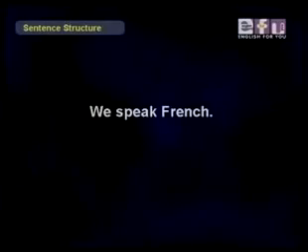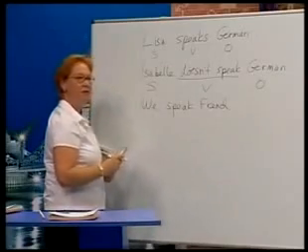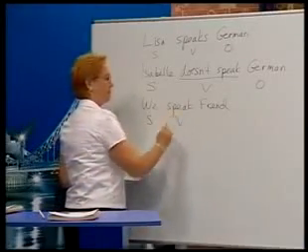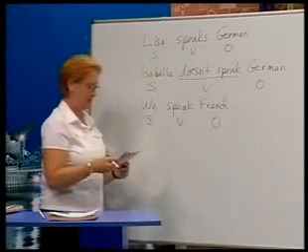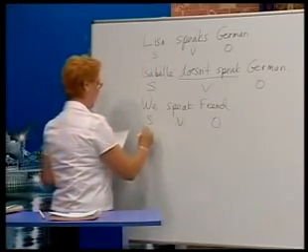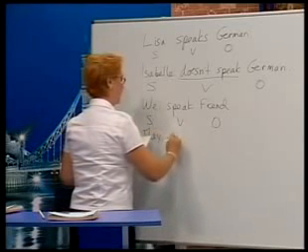We speak French. Okay, Ali, you tell me the parts of the sentence. We is the subject. Speak is the verb. French is the object. Yes, very good. Now, Lisa, here's another one.